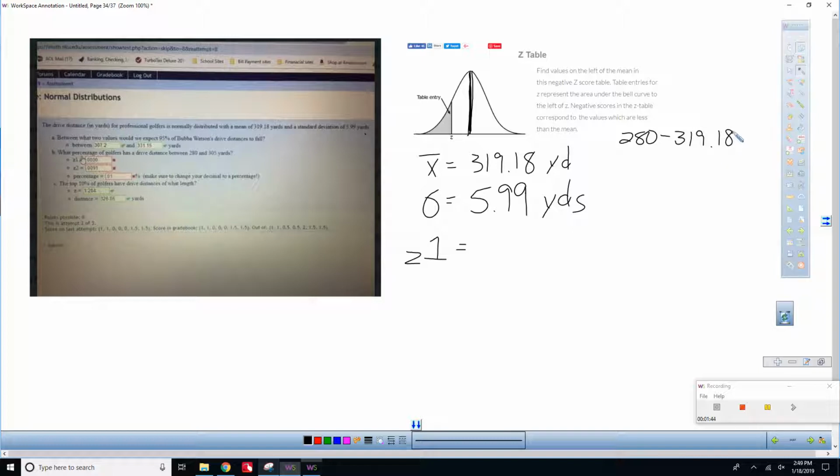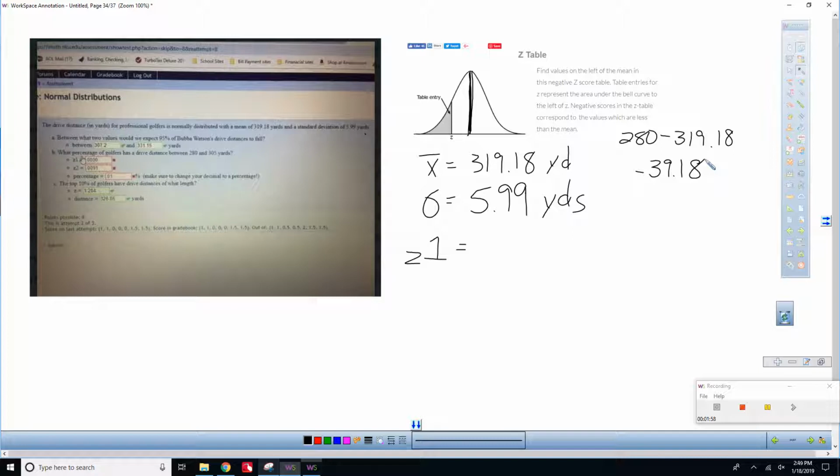So let me do that real quick. 280 minus 319.18, and you get negative 39.18. So that's how many yards away from the average or the mean that it is.